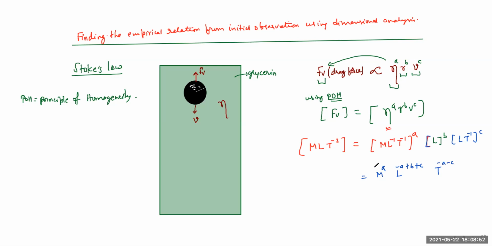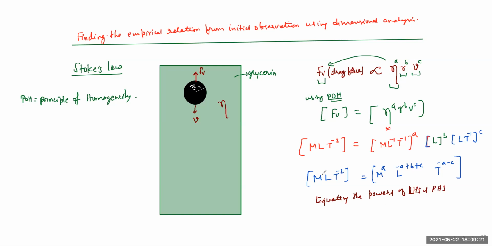On the RHS we have these powers, but on the LHS we know the powers, and on the RHS we don't know the powers. So what we know and what we don't know must be the same. So now comes something called equating the powers. Equating the powers of LHS and RHS.